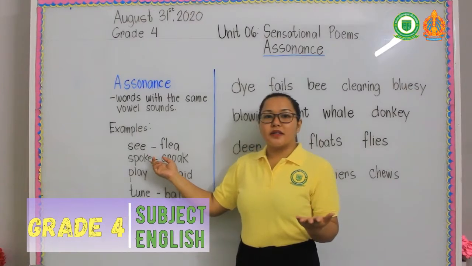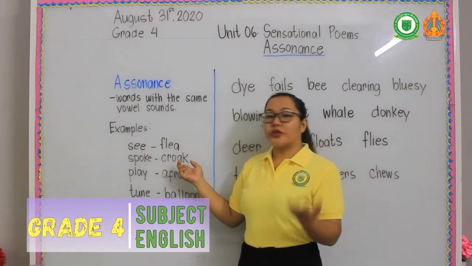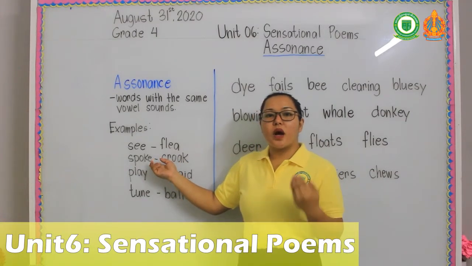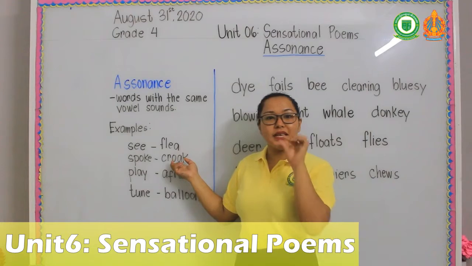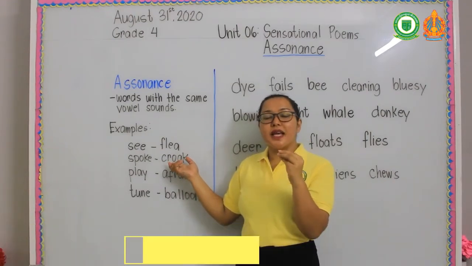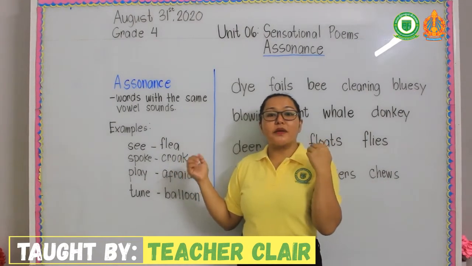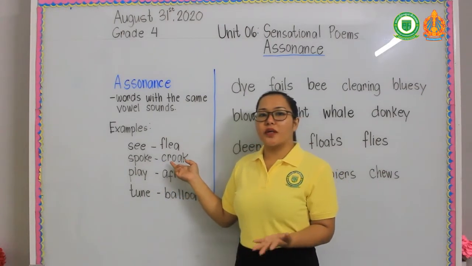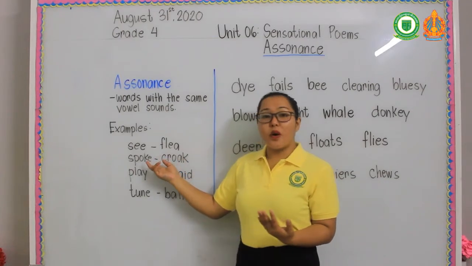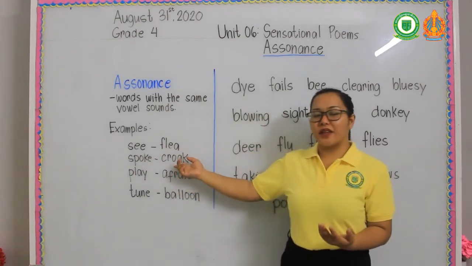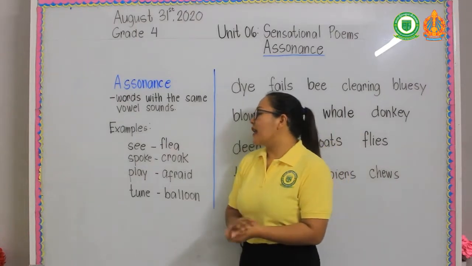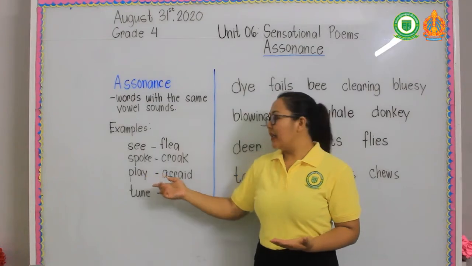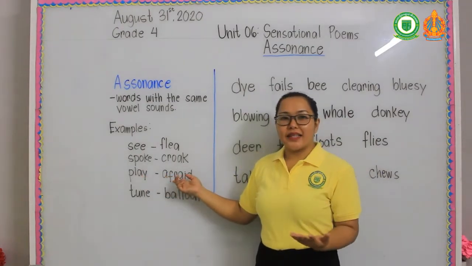Next, spoke, croak. Okay, one more time. Spoke, croak. See, if you notice, my lips have the same shape when I read these words, right? Okay, please repeat after me. Next, we have play, afraid.